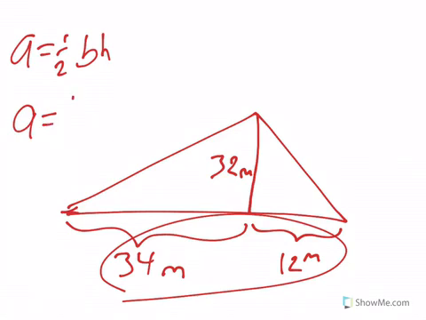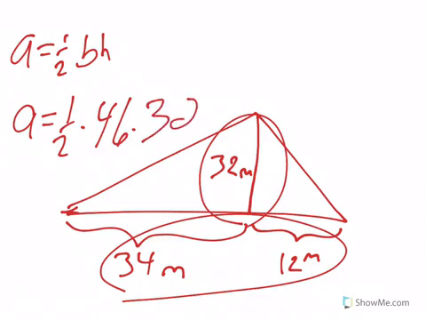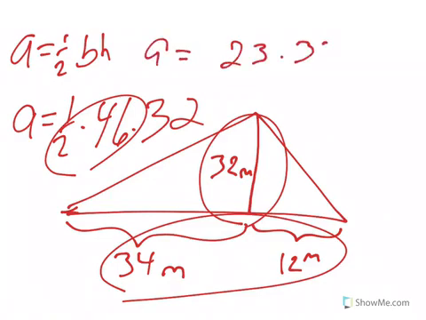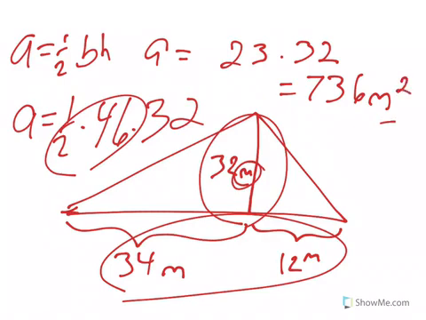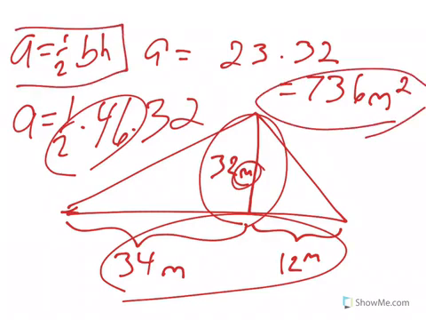So we end up with area equals 1/2 times 46 times the height, which is 32. 1/2 of 46 would be 23. So we end up with area equals 23 times 32. And that's going to give us 736 meters squared.